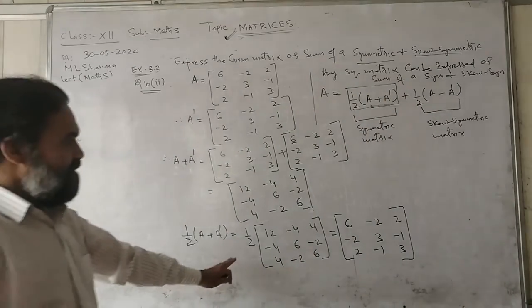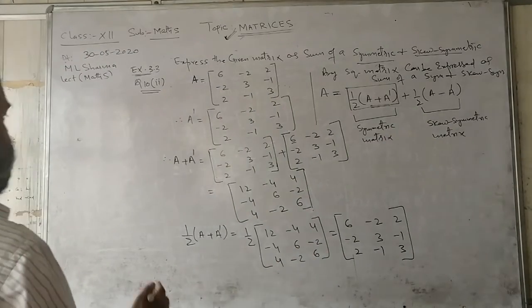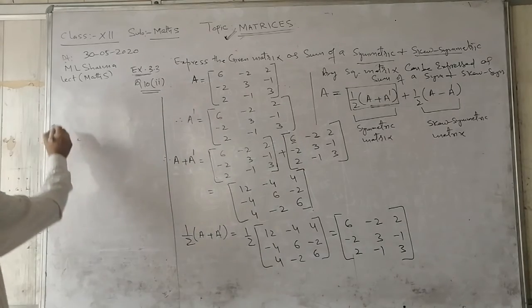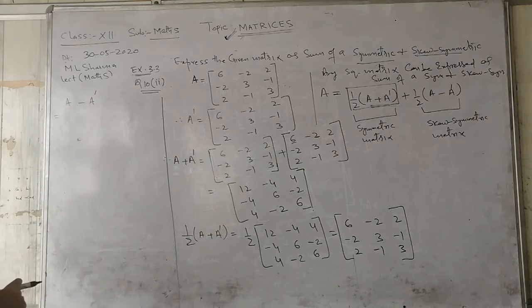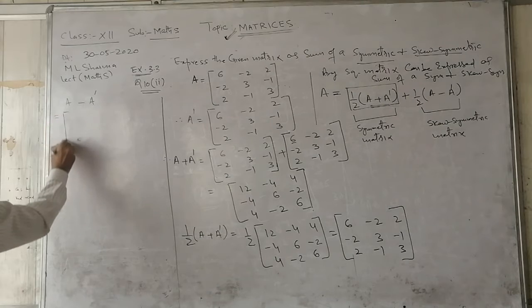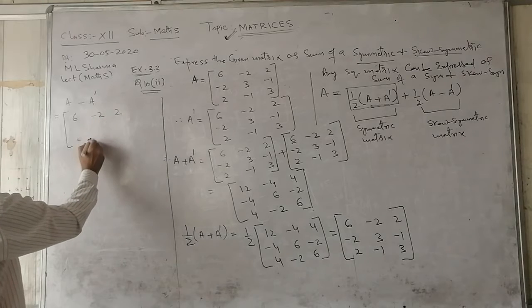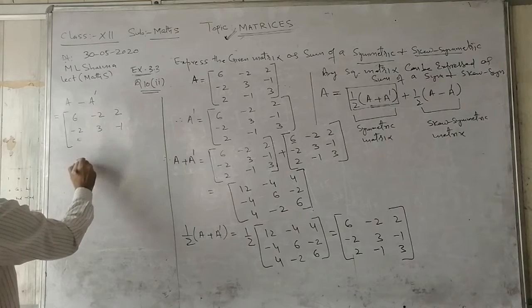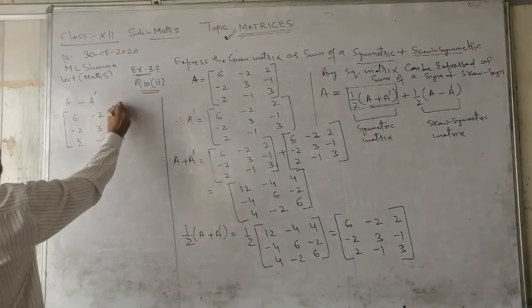So again I have to find this value. So for finding this value of A minus A transpose, this value can be calculated. Elements of A, 6, -2, 2. Then -2, 3, -1. Then 2, -1, and 3.